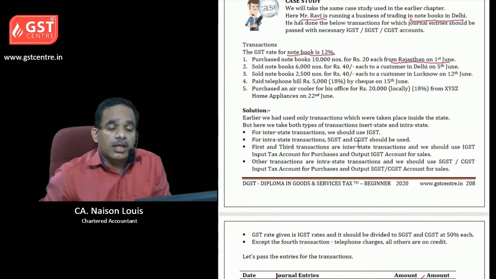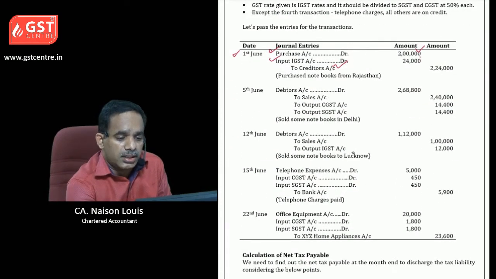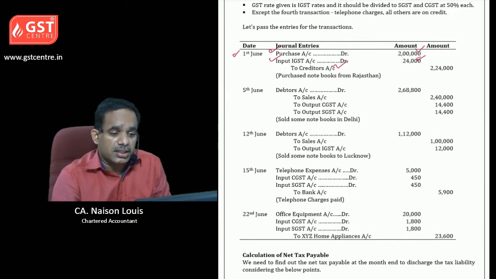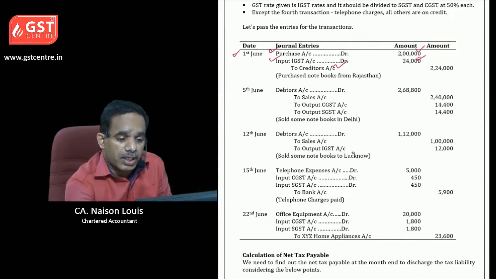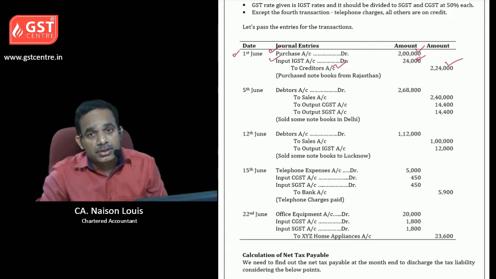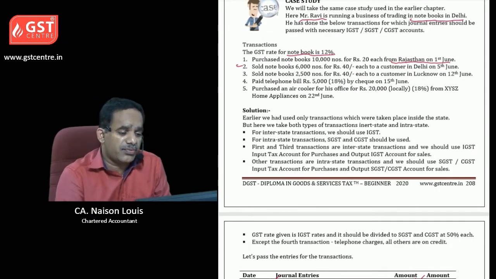It is 10,000 numbers of books for rupees 20 each. And 12% is the IGST rate. So the amount becomes 24,000, and the gross amount to be credited to the creditors account is 2,24,000.